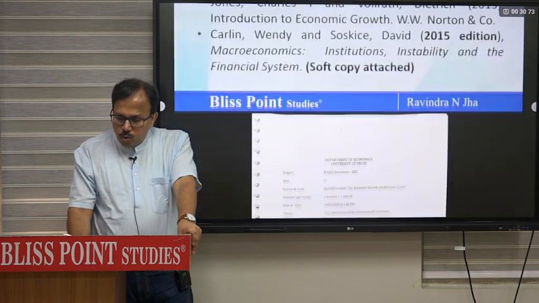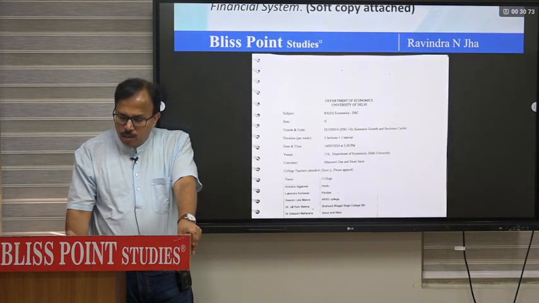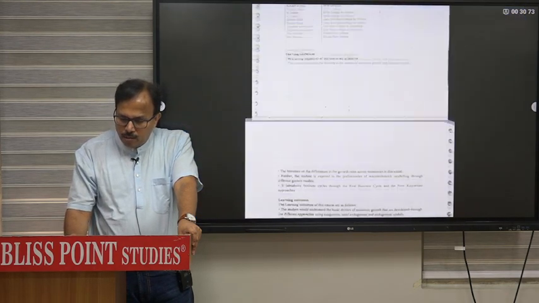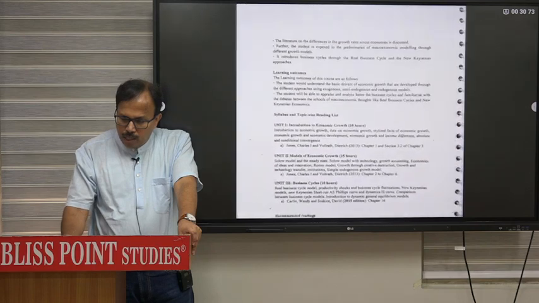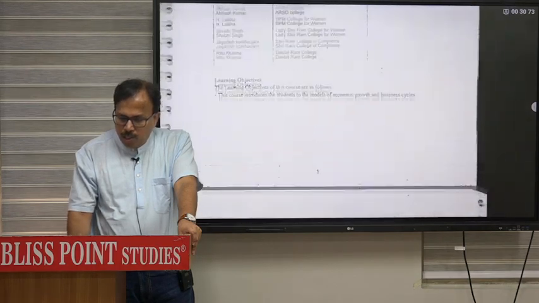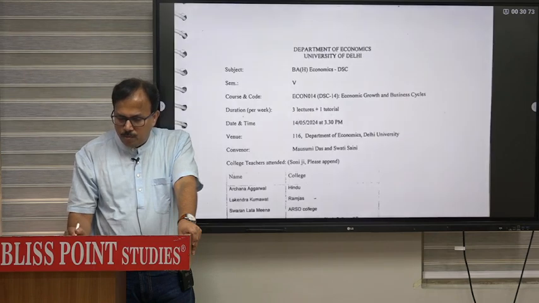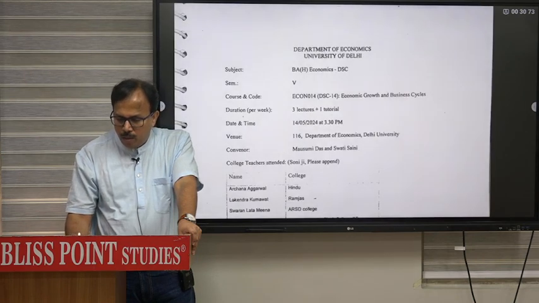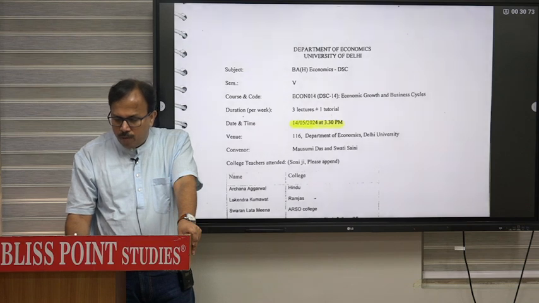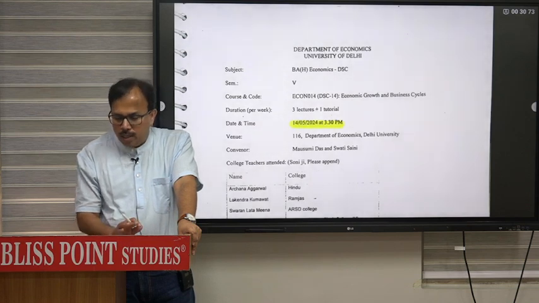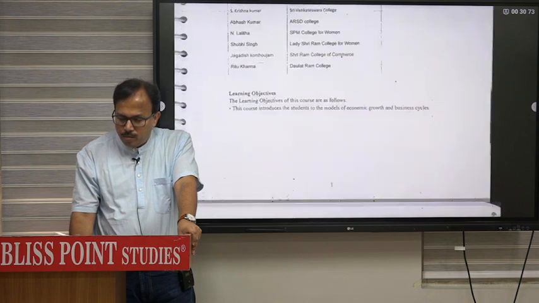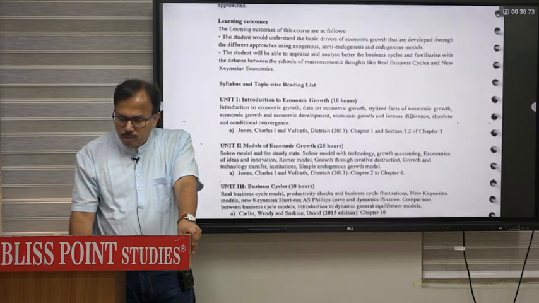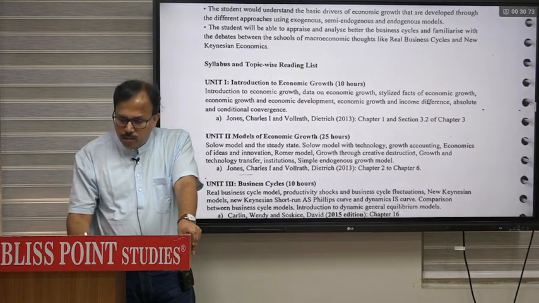So we have written that part. Now you can write down the weightage and examination format. This reading is the same as last year's, we are using it. If there is any update for 2025, we will inform you, but in the absence of that, the first unit, as you can see, is introduction to economic growth, chapter 1 and 3.2.